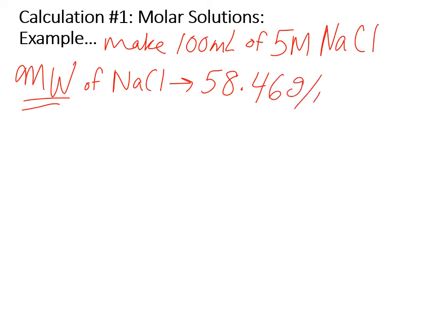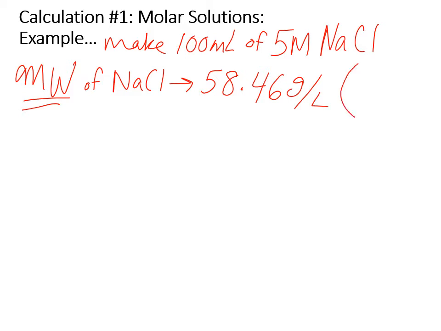So if I say the molecular weight of NaCl is 58.46 grams per liter, what does that tell you? That tells you that you would need to take out of that bottle 58.46 grams of that powder if you were making 1 molar as 1 liter.